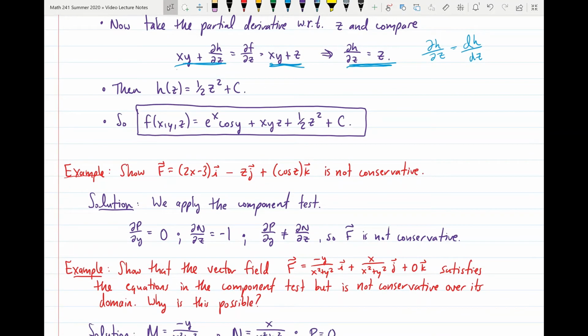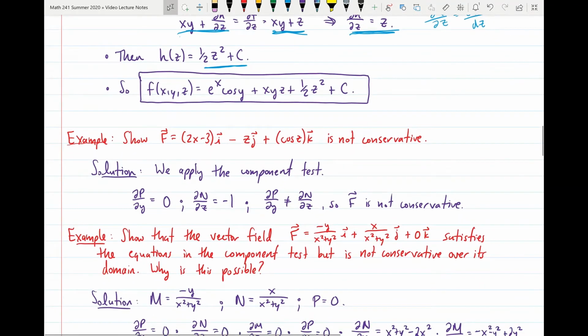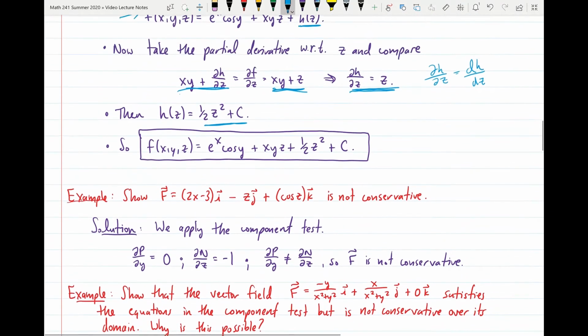And we certainly know how to find the antiderivative in that case. And so we get a 1/2 z squared plus this constant of integration now, which is just going to be c. And so we can put all of this information together now.